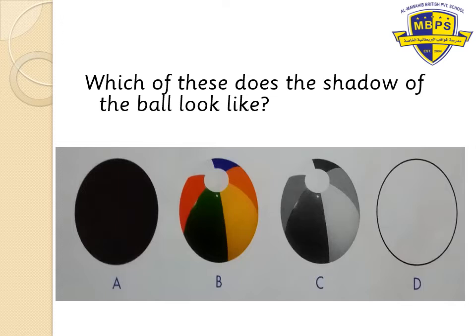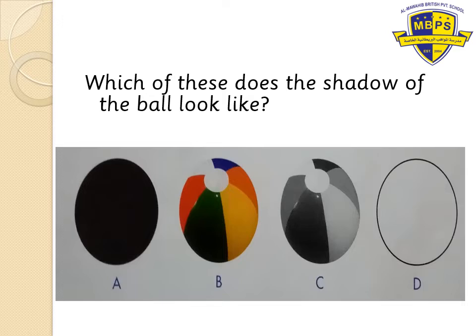A. Black. B. Colored. C. I have like white and black colored. D. It will be like a circle and inside without any color. What do you think? Which one will it be? The shape of the shadow. Think with me now.